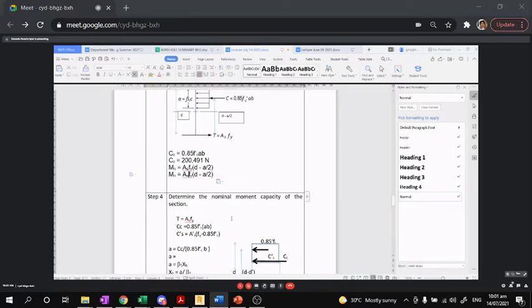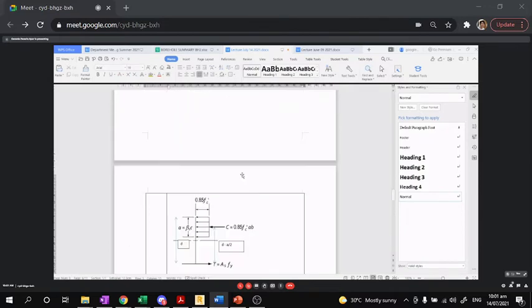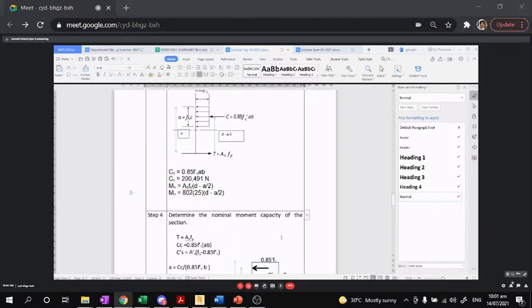That's 802 mm squared times 250, then the parenthesis is 125 minus 9.828 divided by 2.